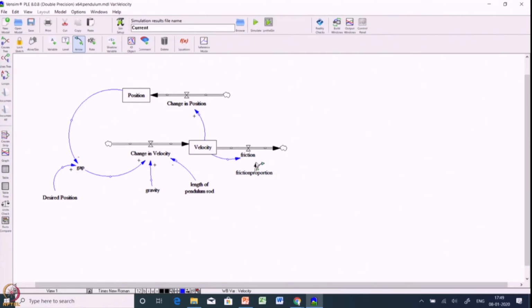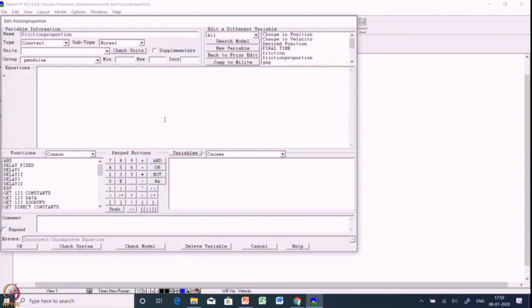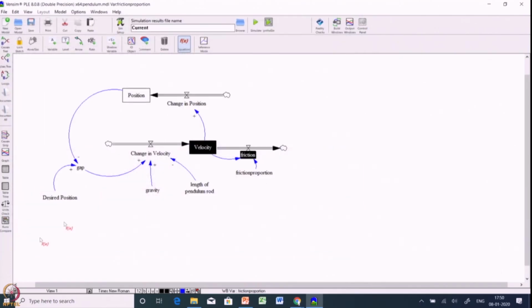So, now your friction is going to slow down the velocity over time. So, this friction proportion, let us just say to be 0.25, let us give it 1 over seconds.